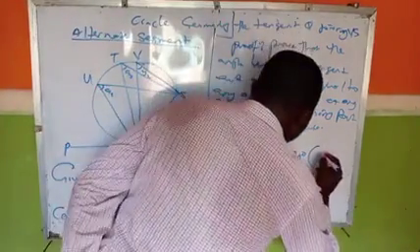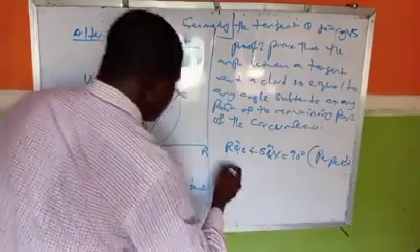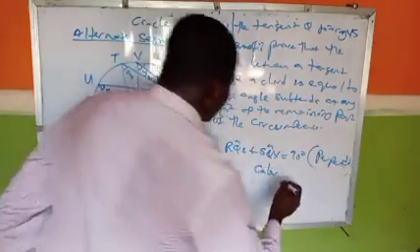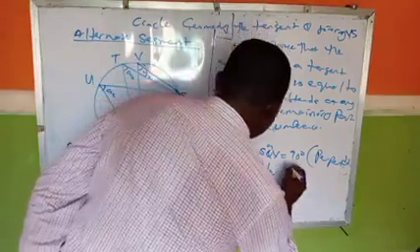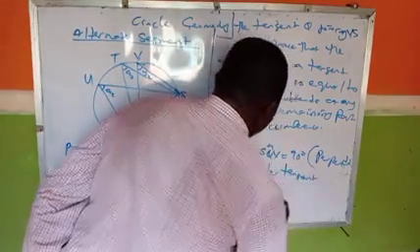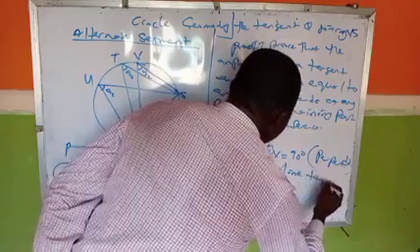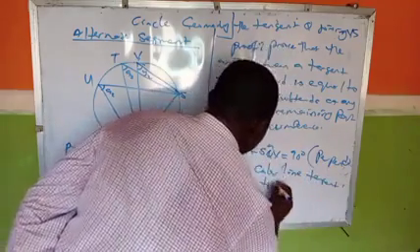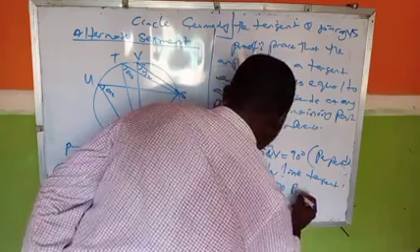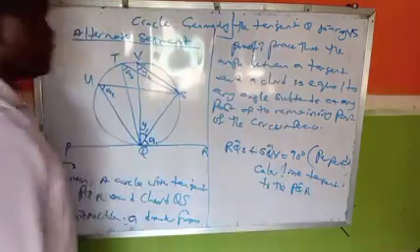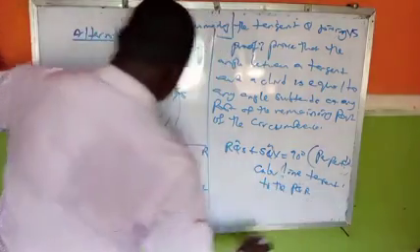The diameter QV is perpendicular to the tangent PQR.